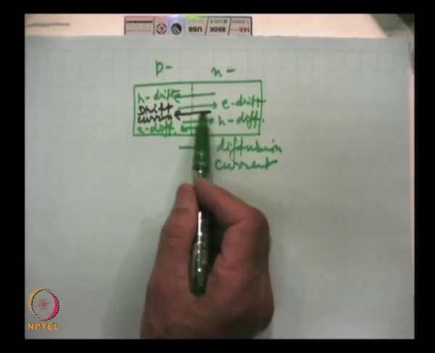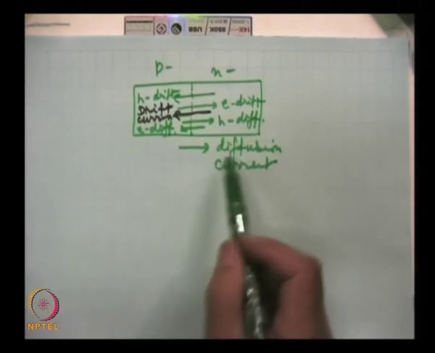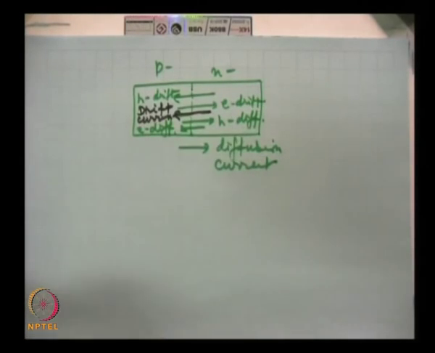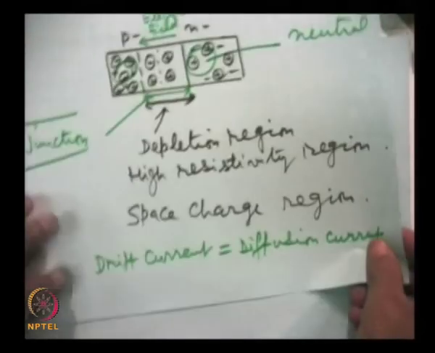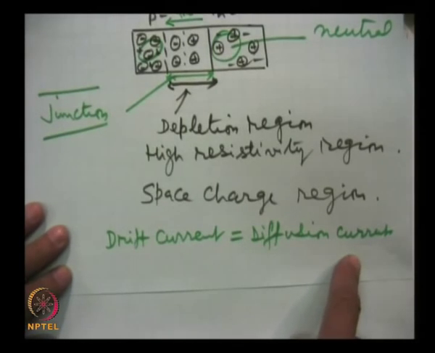The drift current is from right to left, and the diffusion current is from left to right; they are in opposite directions. Equilibrium has been obtained when, as I said earlier, drift current is equal to diffusion current.